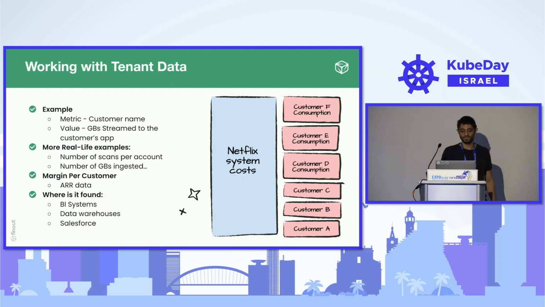We've seen a lot of users choosing Snowflake to store this information. And Salesforce is also an example of where this information may be found. And that's about it in regards to taking a set of costs that's multi-tenant that cannot be split and using metrics for that. Any questions about that before I move on to Kubernetes?